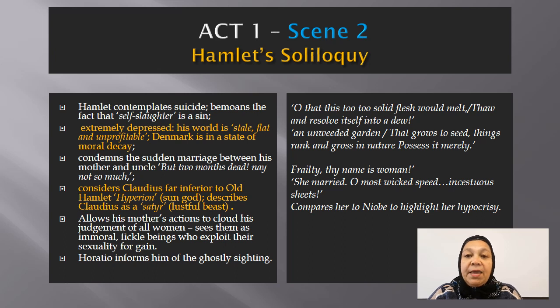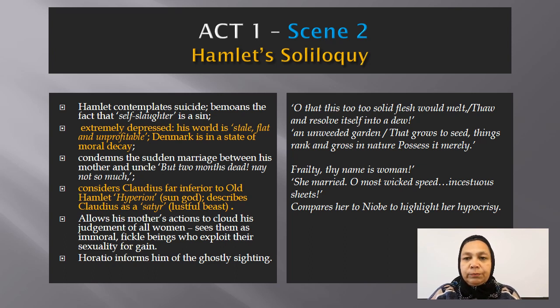And he compares her to Niobe to highlight her hypocrisy. Who is Niobe? Niobe was a woman in mythology who had 14 children, and she boasted to the gods about her fertility, and as punishment, the gods killed all her children and she was turned to stone.